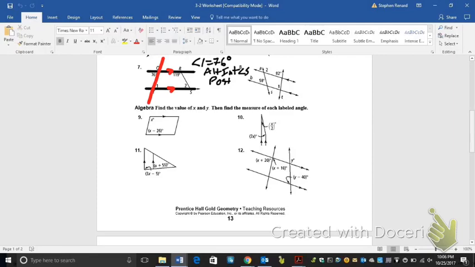What we then want to do is, we don't have any other listed ones. Remember how I said that we're going to have to do this twice? Well, now what we're going to do is we're going to look at that one. So we look at that 119 and angle 2, and we realize that they are same side interior angles.